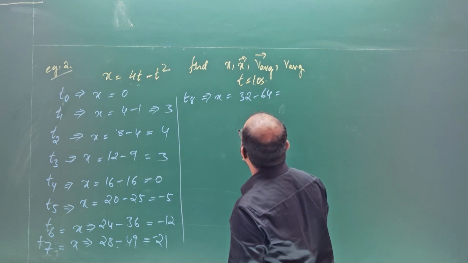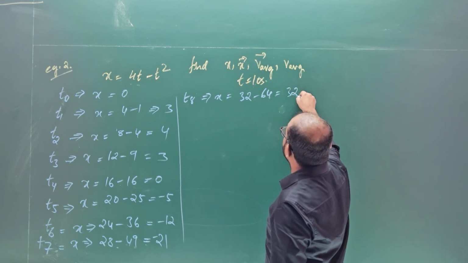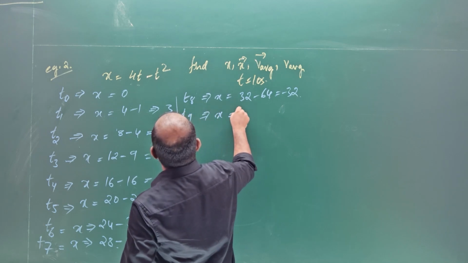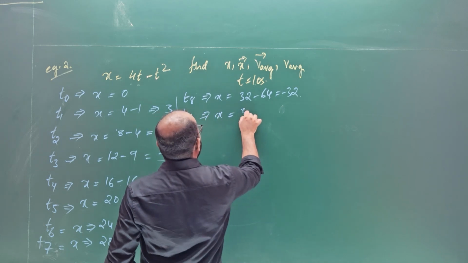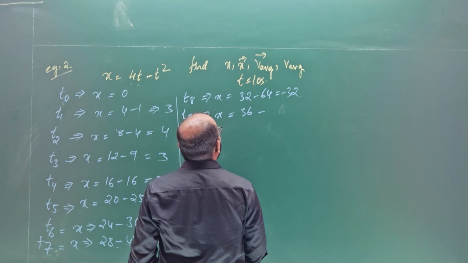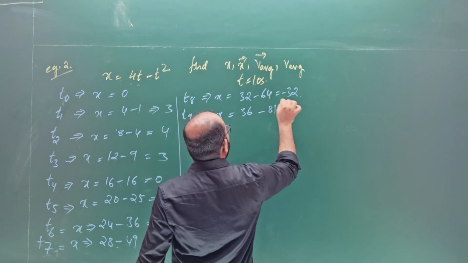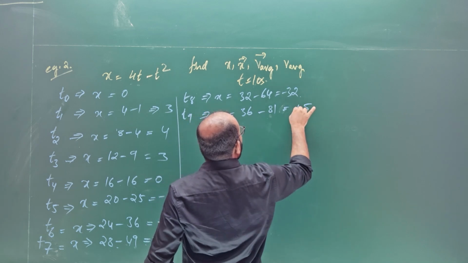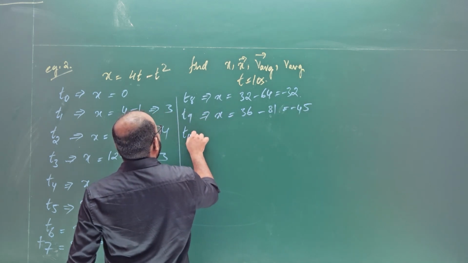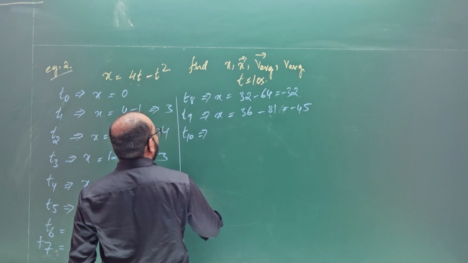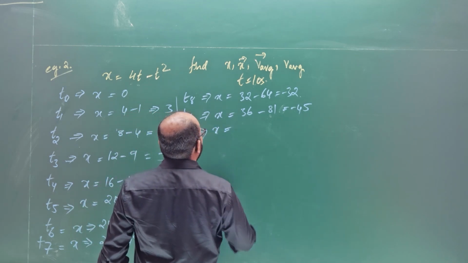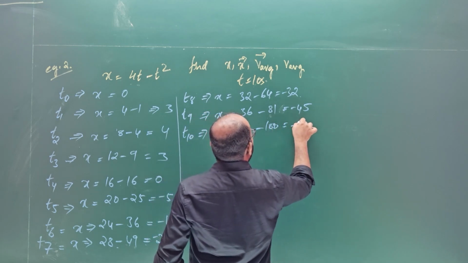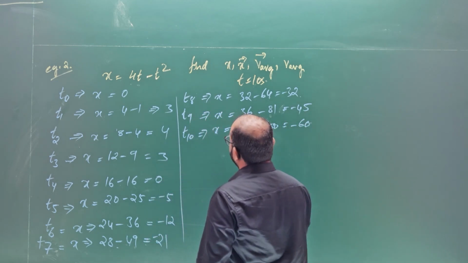This value becomes minus 32, the negative sign. At t is equals to 9, x is equals to 9 fours are 36 minus 9 nines are 81, and that is minus 45. At t is equals to 10 second, x is equals to 40 minus 100, that is minus 60.